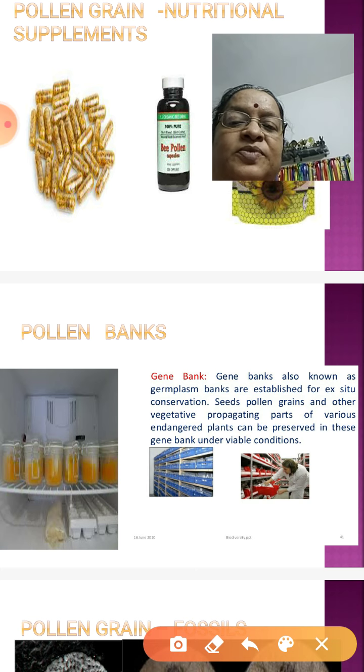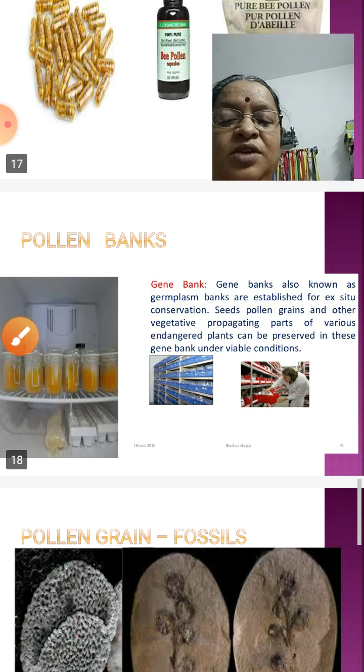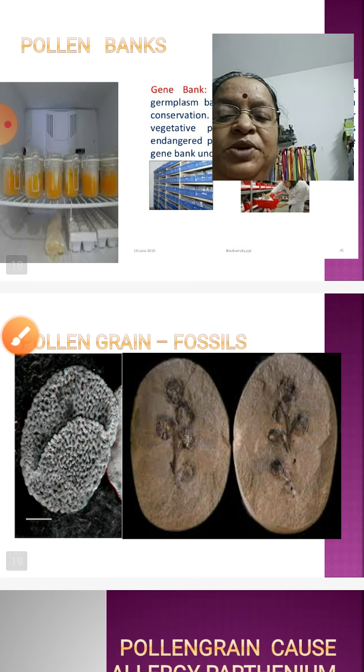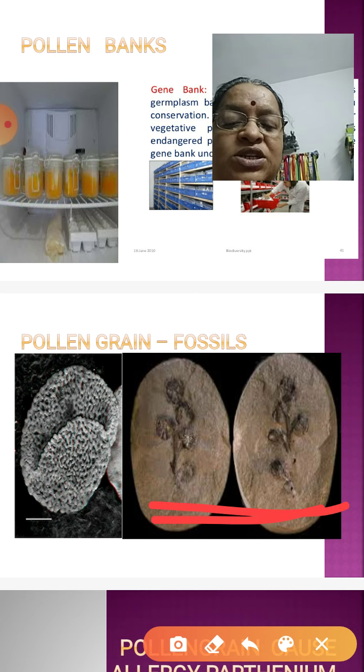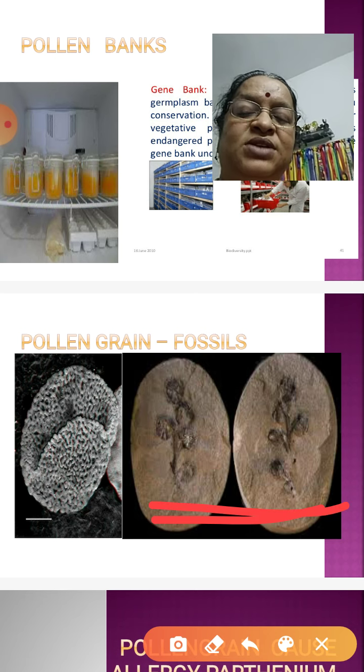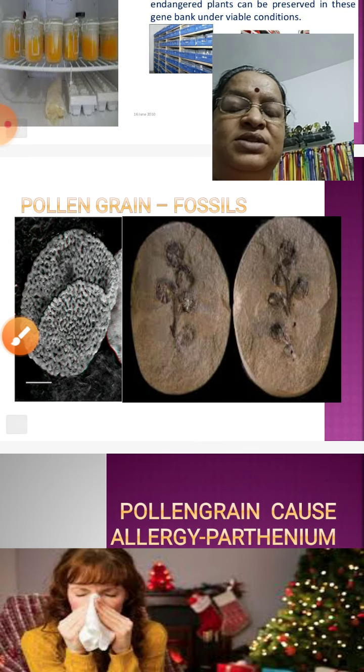Many such banks have cropped up. And then we go on to see here the picture of a fossil showing the pollen grain being preserved by nature. Some of these pollen grains are many thousands of years old, but they are preserved intact.